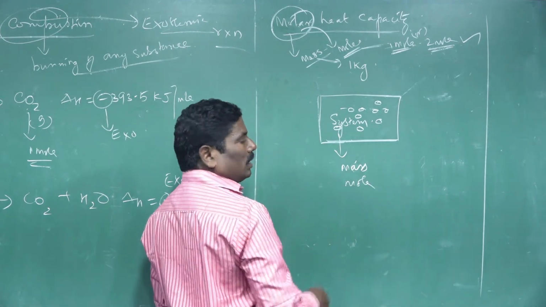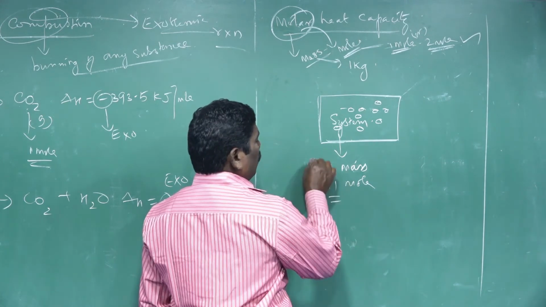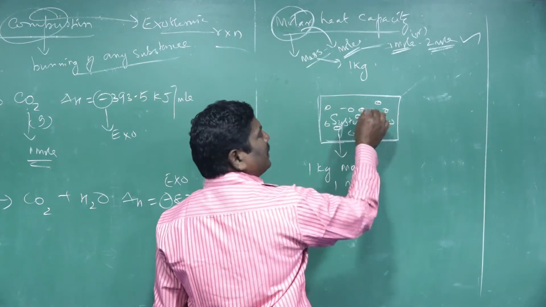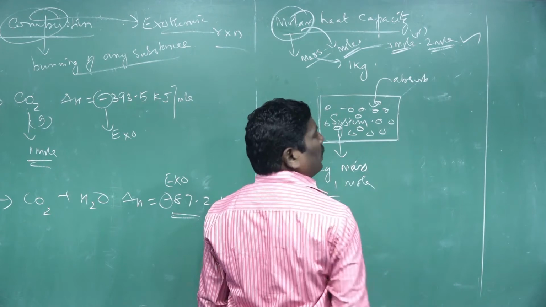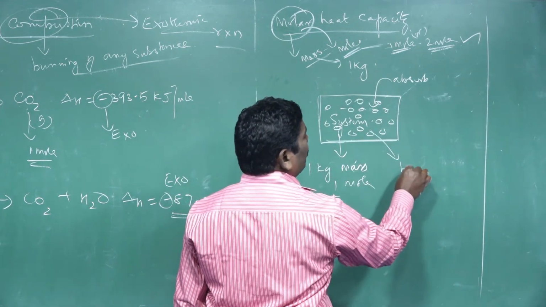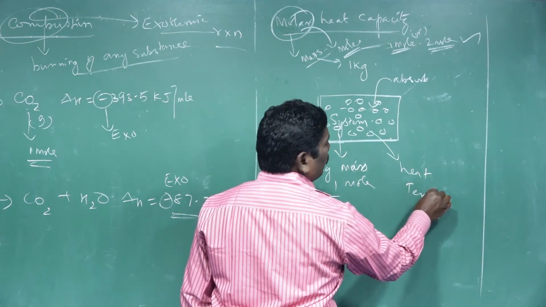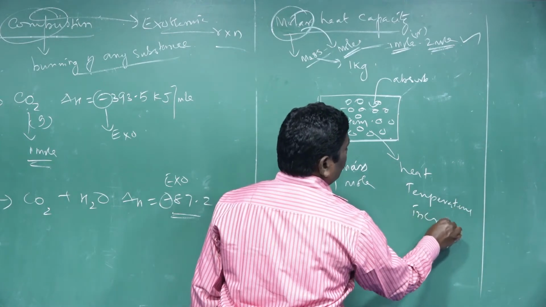Mass we can take as 1 kilogram and mole as 1 mole. Now the system will absorb energy. When it absorbs energy, the heat of the system and the temperature will increase.